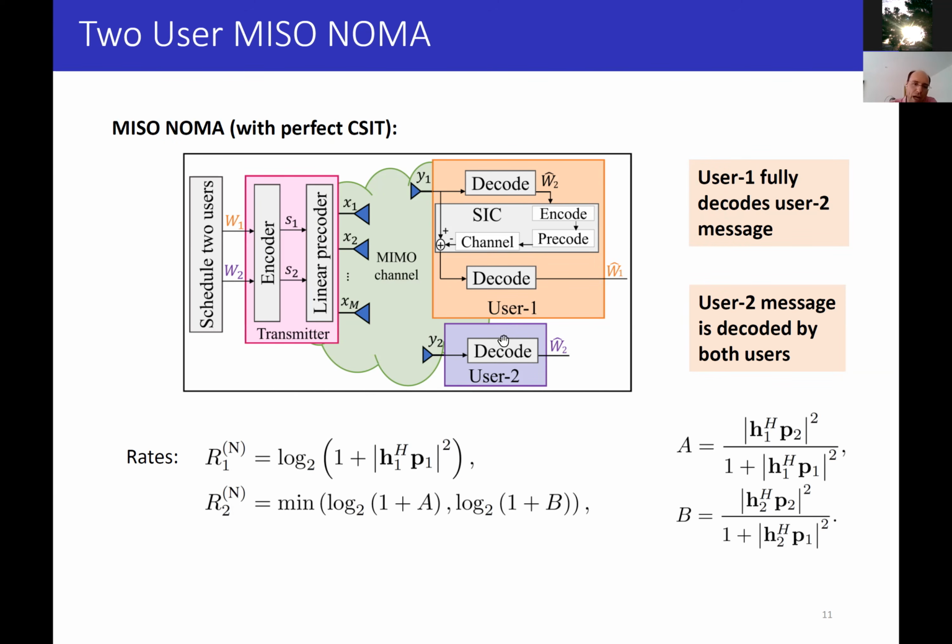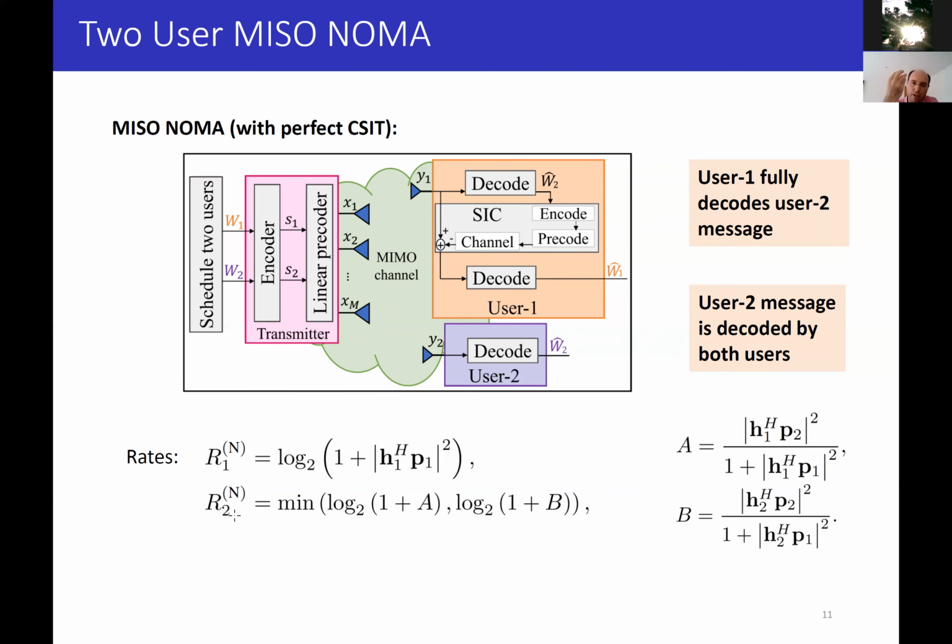Now, if you do that, then you can calculate the rate of user 1 and the rate of user 2. The rate of user 1 is very simple. Assuming you have perfect SIC, it's just log2(1 plus some form of SNR). And the rate of user 2 is a bit different, because it comes from the fact that user 2's message is decoded by both users.